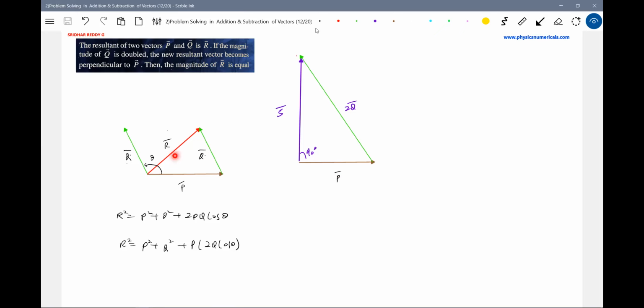Then how much is R equal to? So this 2Q vector should be here. You're going to bring it here. This is the vector P bar, and 2Q bar is here.